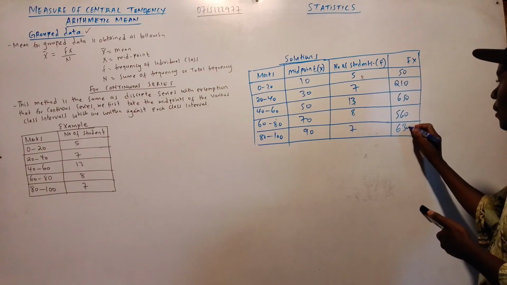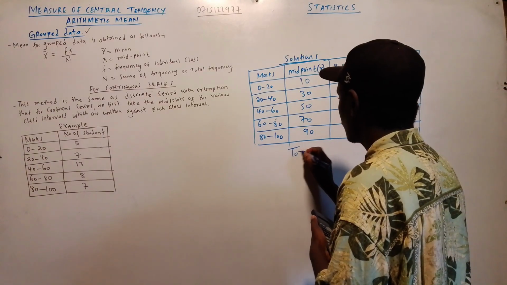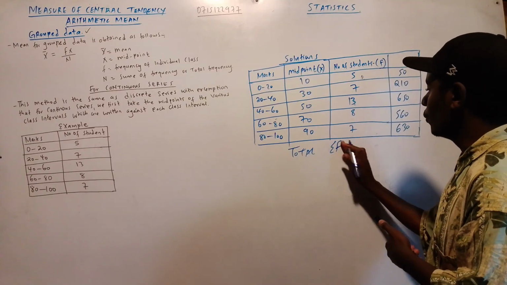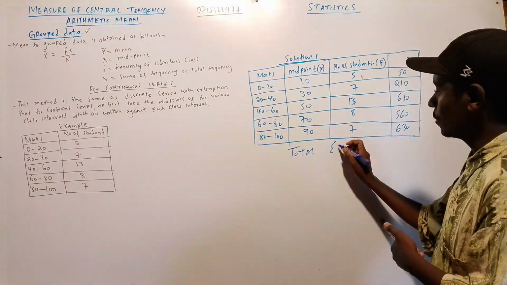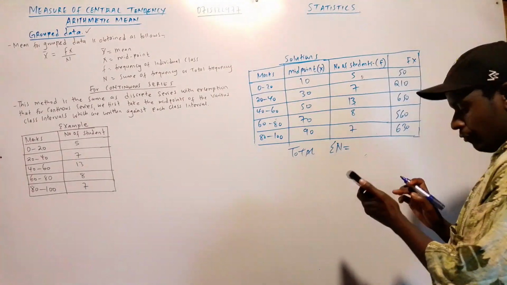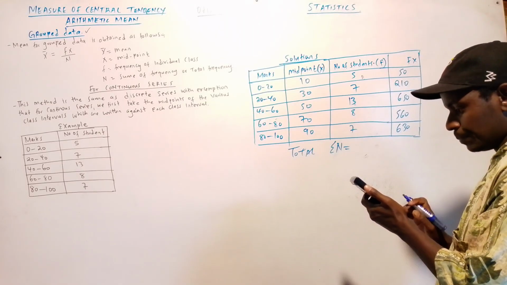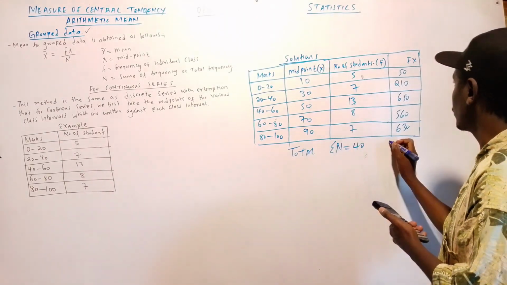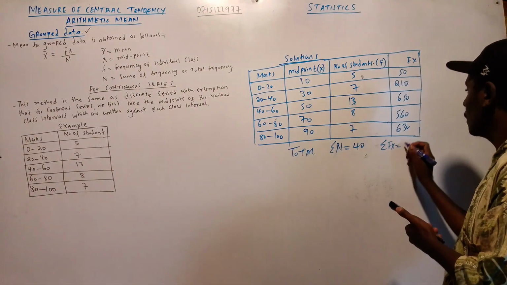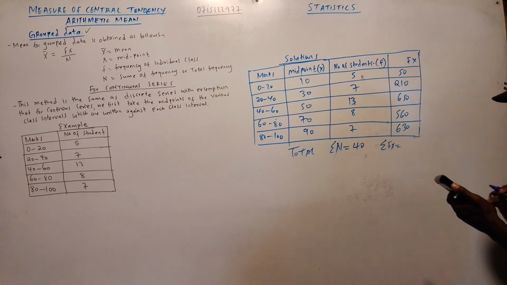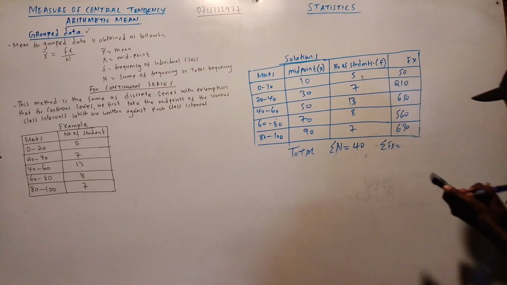Then you need to find the total. The first total is the summation of f, which we shall call n. Summation of the frequency: 5 plus 7 plus 13 plus 8 plus 7, 40. Then the summation of fx: 50 plus 210 plus 650 plus 560 plus 630, which is 2100.